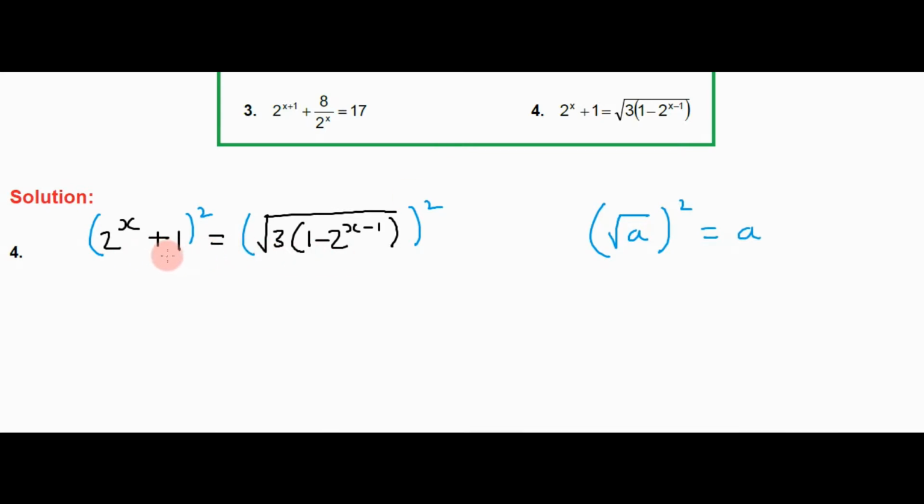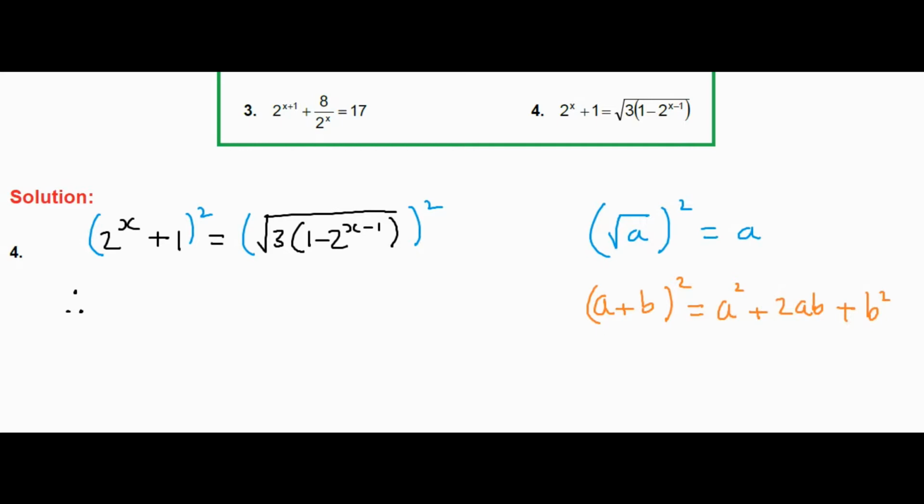Then on the left hand side we have a binomial squared, and just a reminder that a plus b all squared is the first term squared, so a squared, plus twice the first term times the second term, in other words twice ab, plus the second term squared, so b squared.